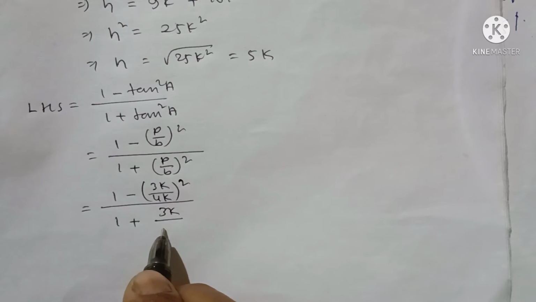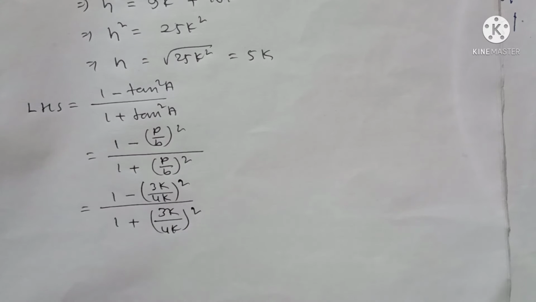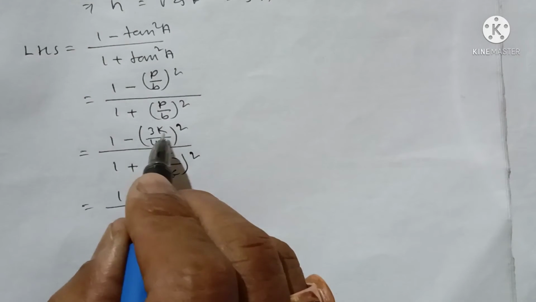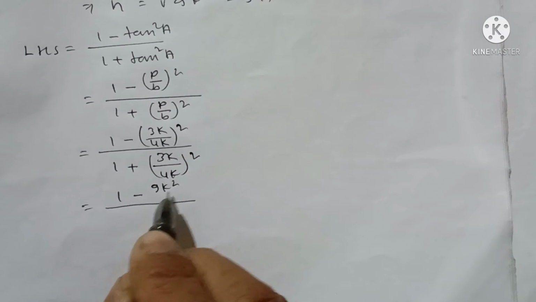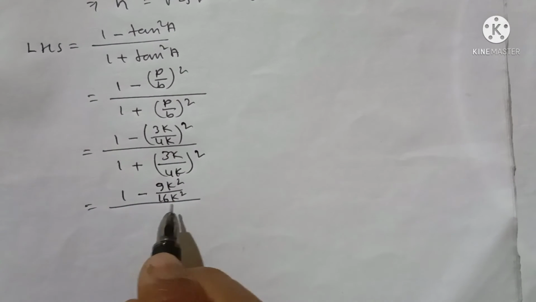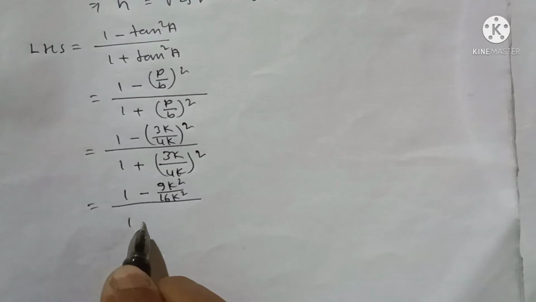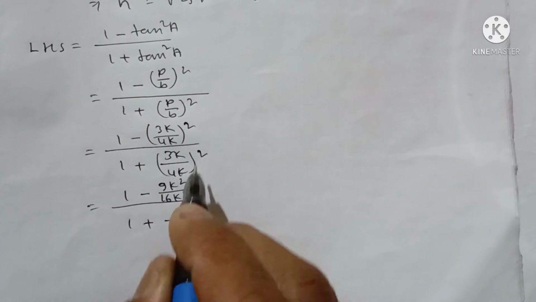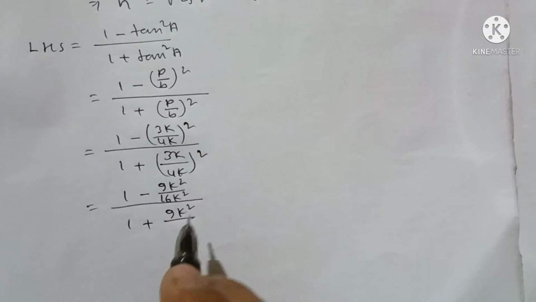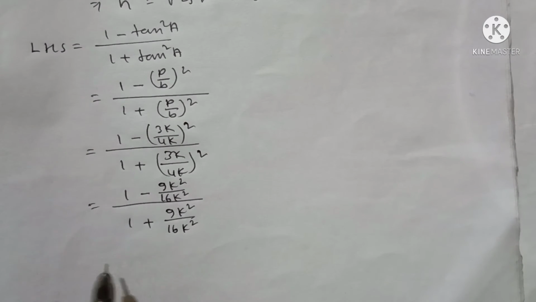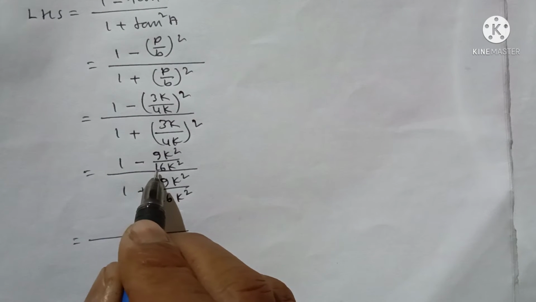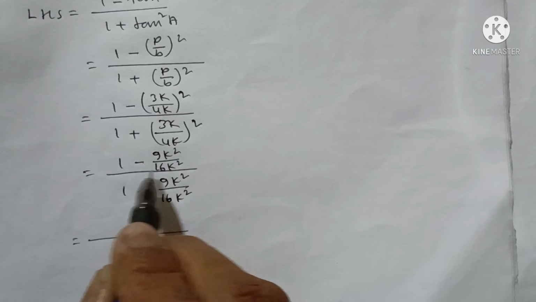3K by 4K whole square. 1 minus 3K whole square means 9K square over 4K whole square means 16K square. 1 plus 3K whole square means 9K square over 4K whole square means 16K square. Then the next, 16K square.